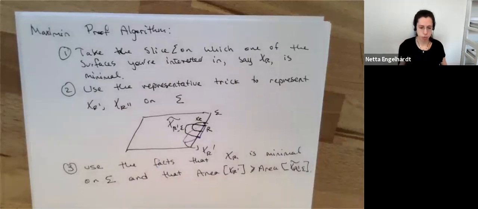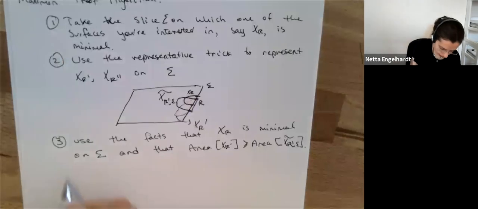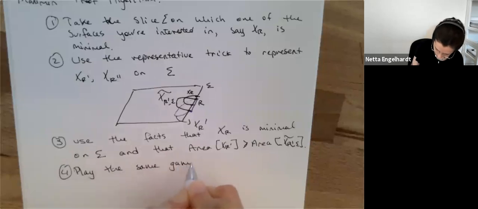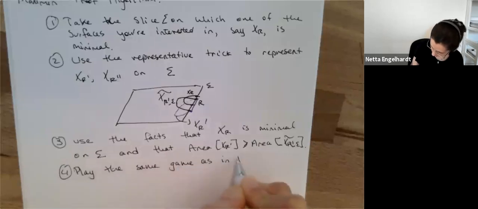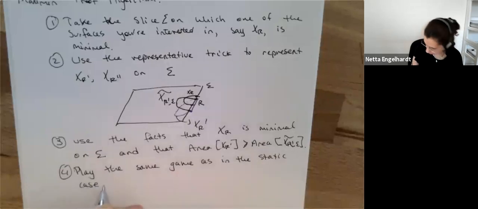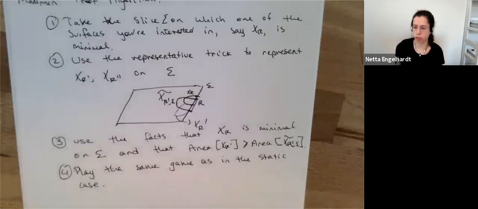And with this, you then say, okay, now play the same game as in the static case. So I'll show you how this works for strong separativity. It's sort of laughably easy once you're able to do this.